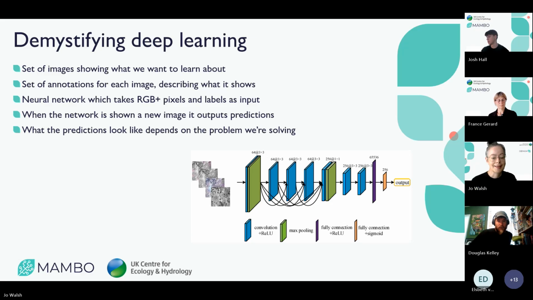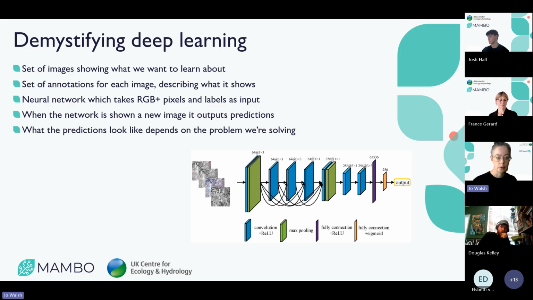The task of demystifying deep learning could easily take up 15 minutes, but to give a very quick overview for a general audience, we're taking a set of images that show what we want to learn about, and for training, a set of annotations for each image that indicates per image or per pixel how it's classified, what meaning there is in it.